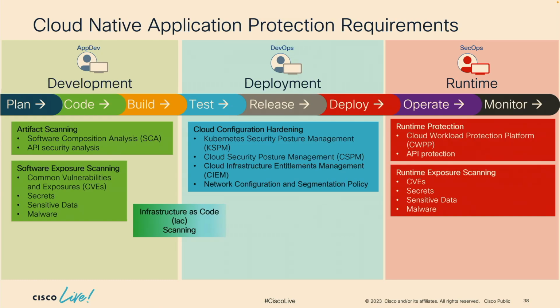Also, that has to be secured and hardened, as well as the overall deployment infrastructure, which includes the Kubernetes posture, the cloud provider posture, and all your roles and entitlements to prevent privilege escalations. And then finally, your runtime environments, to make sure that whatever is happening in real time in those workloads, there's not an active exploit either within the workload, the API communications, or serverless functions, whatever it may be.